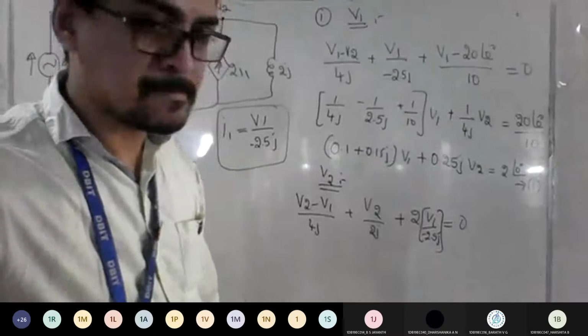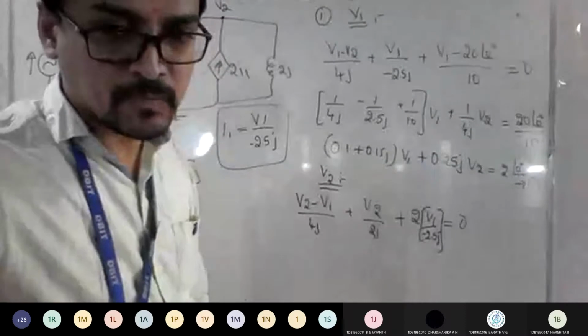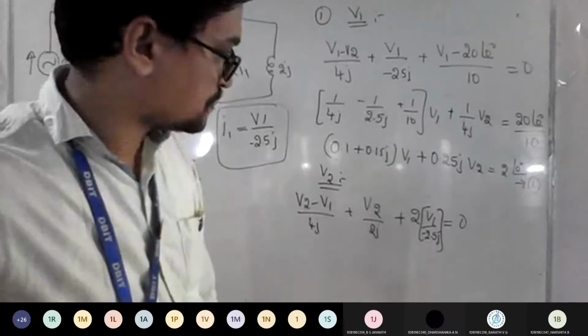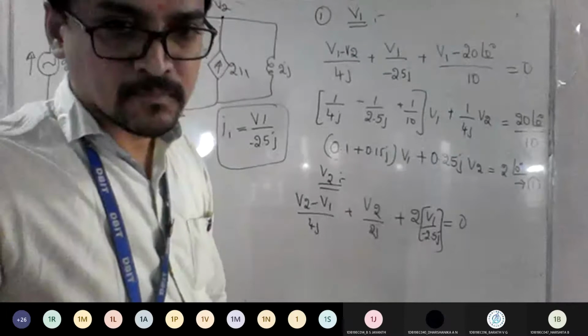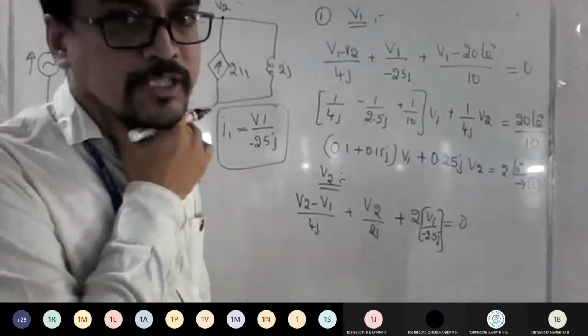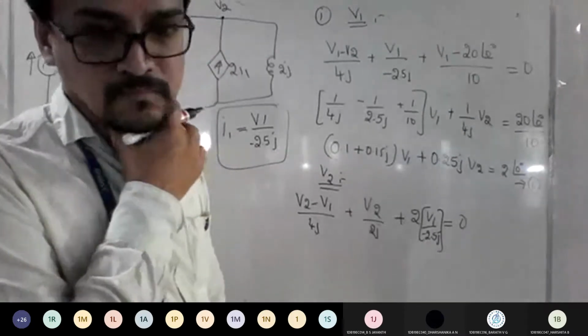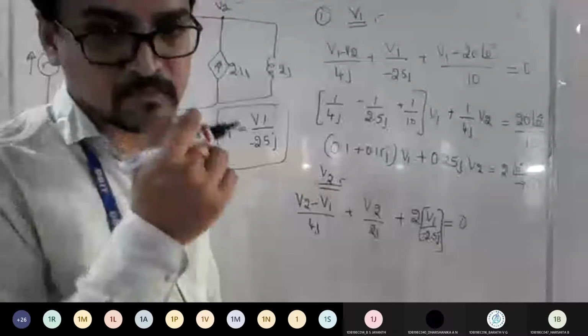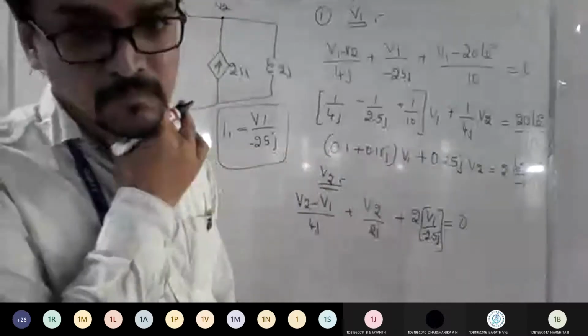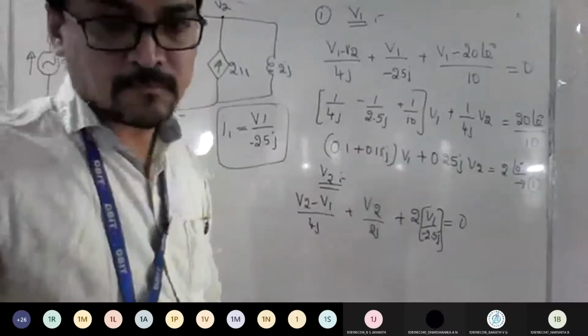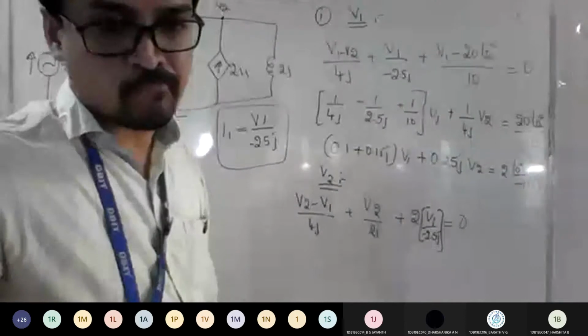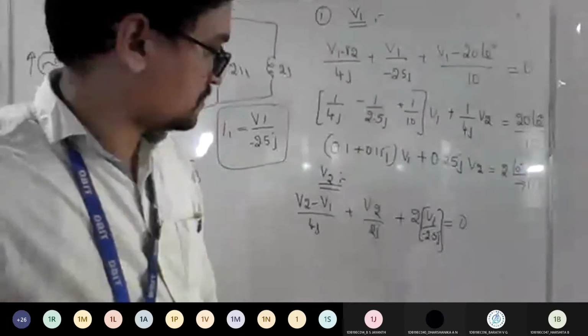What's the answer? V1 value in the equation.